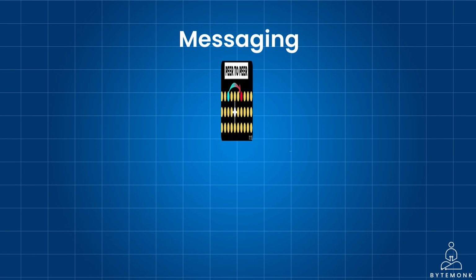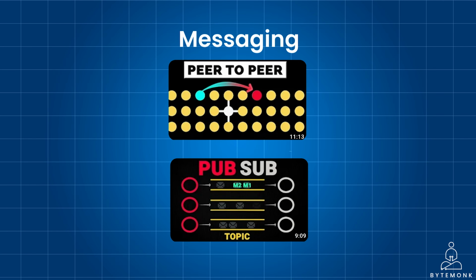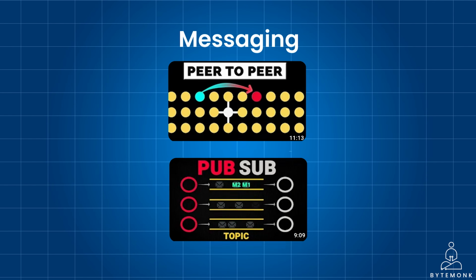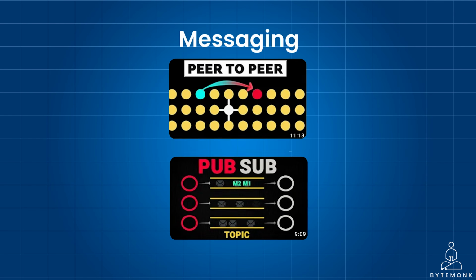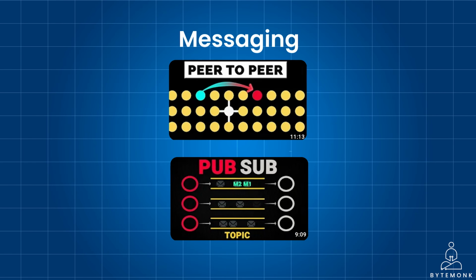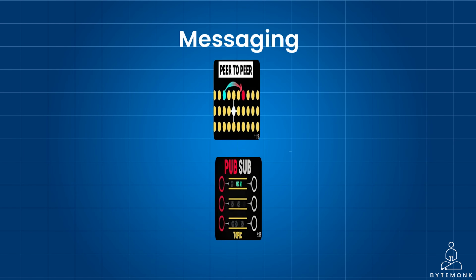To understand and appreciate the power of Kafka, we first need to understand the basics of messaging, which I have explained in my previous videos in detail, where I have talked in depth about peer-to-peer and pub-sub patterns, explaining their limitations, advantages, and uses with examples. In essence, messaging involves sending a message from one location to another. It has 3 components.